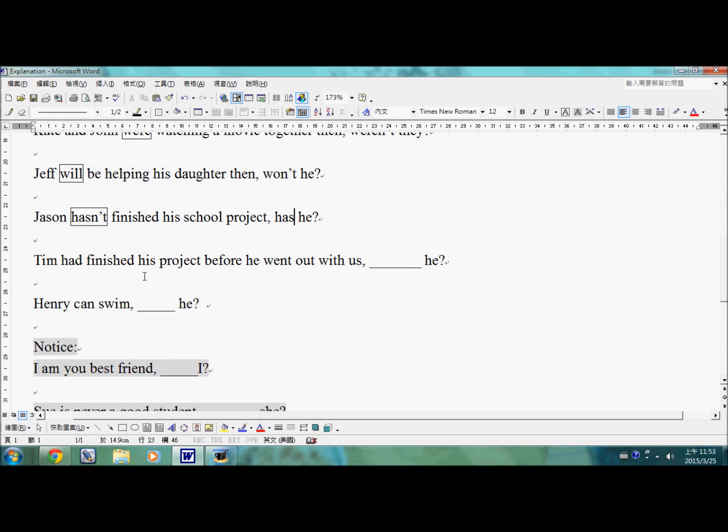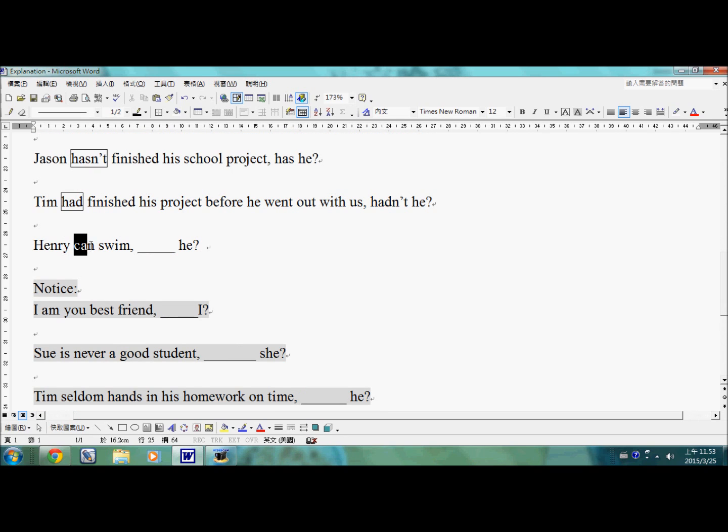Next one. Tim had finished his project before he went out with us. Look over here. This is past perfect tense. Had over here, that's a helping verb for the past perfect tense. Positive, negative, hadn't. So Tim had finished his project before he went out with us, hadn't he? This is for confirmation. The next one, using a modal verb, can.